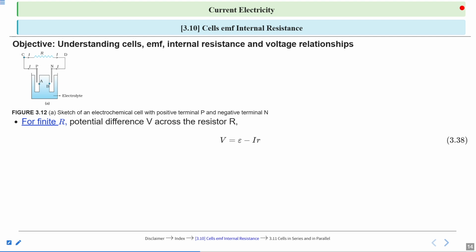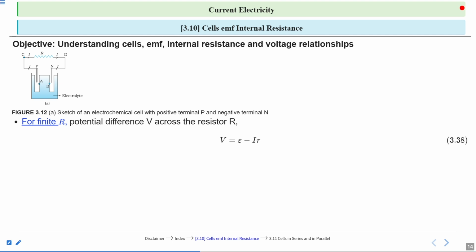Now V equal to epsilon minus IR. What is this IR? This IR is the potential drop across the internal resistance. What is internal resistance? The opposition offered to the ions in the electrolyte.